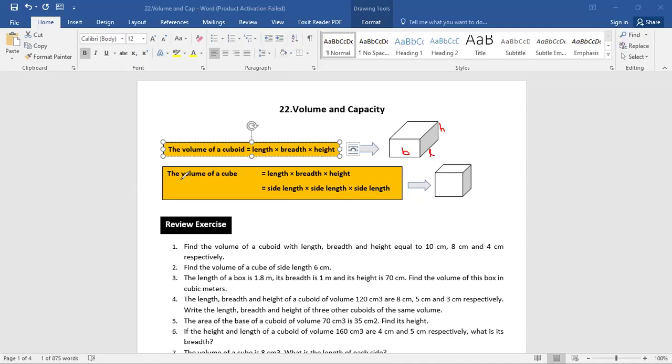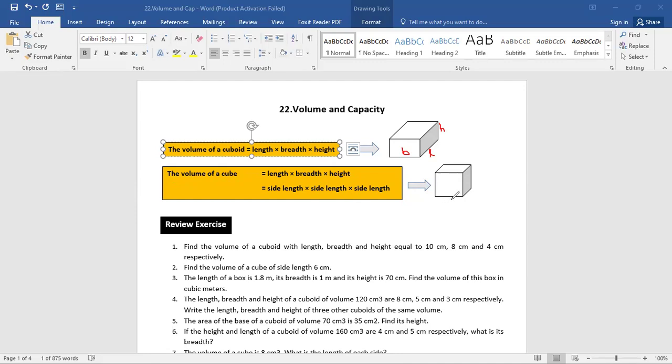So how to find the volume of the cube? The volume of a cube equals length times breadth times height. When it comes to a cube, what can you say about length, breadth, and height? All of those are equal.